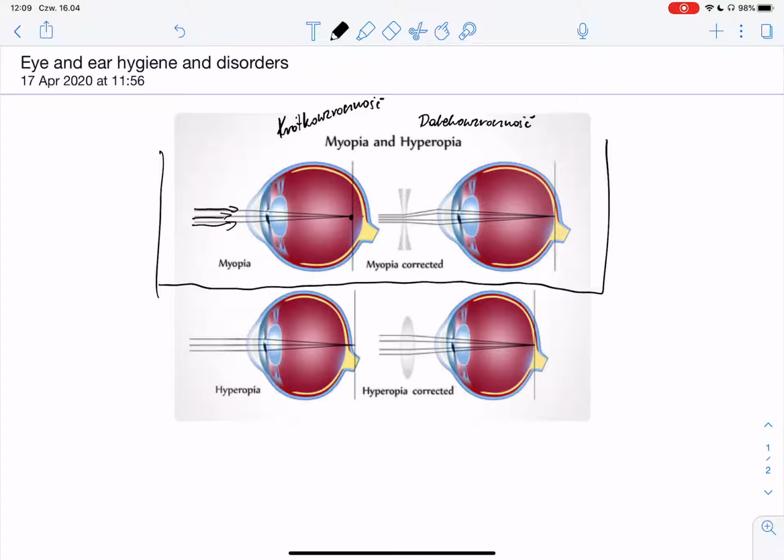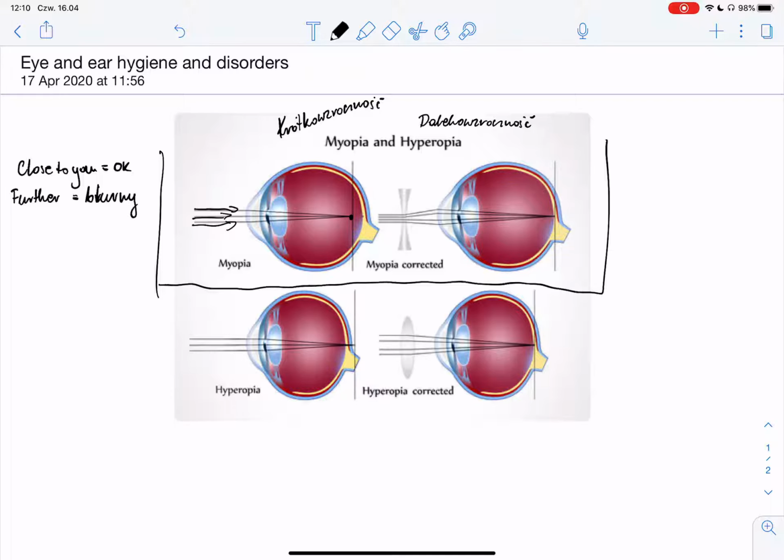So you can see things that are close to you clearly. Close to you equals okay. Further equals blurry.